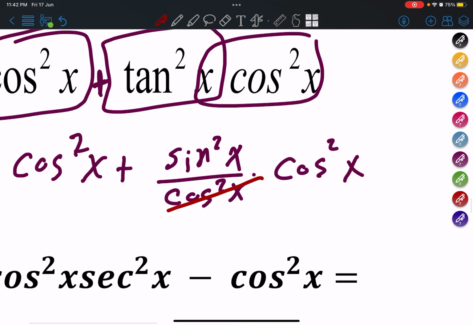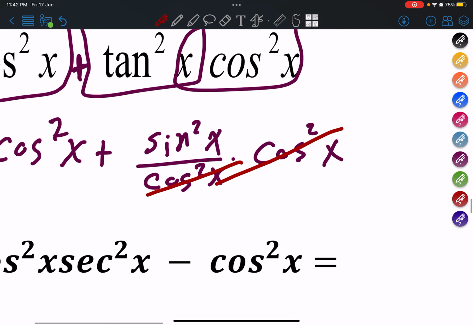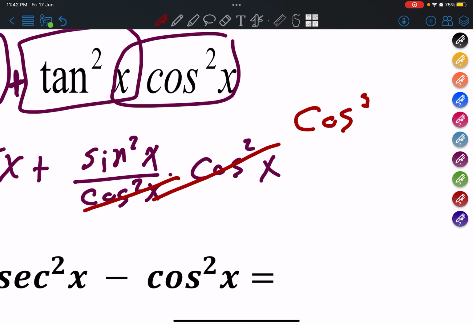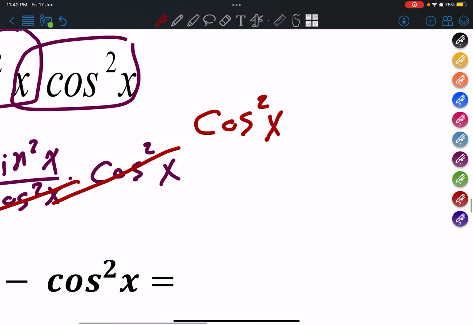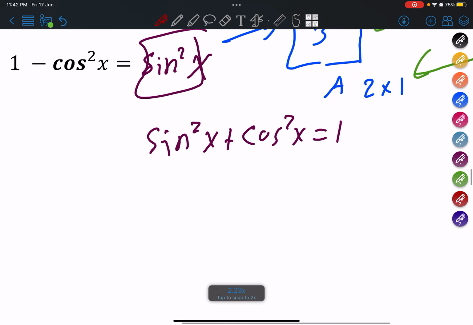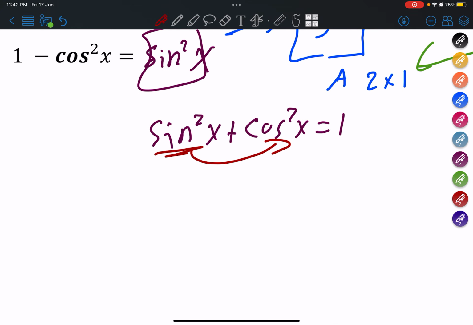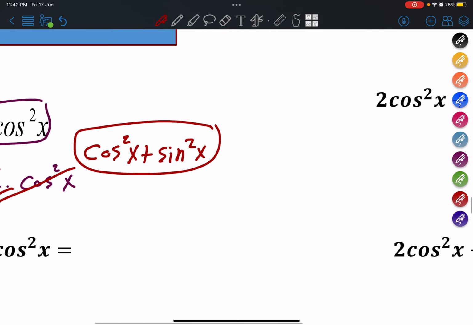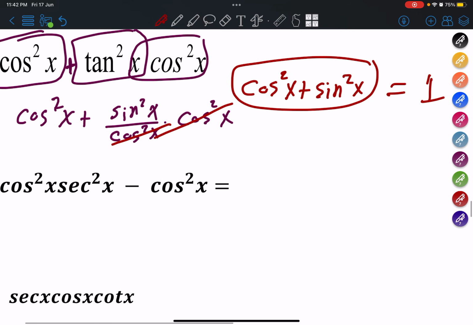We can cancel out cosine and cosine here, so we'll essentially have cosine square x plus sine square x, which, as we just said, is equal to 1. So this will equal 1.